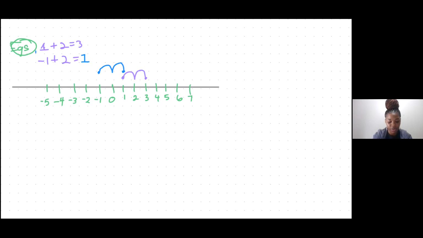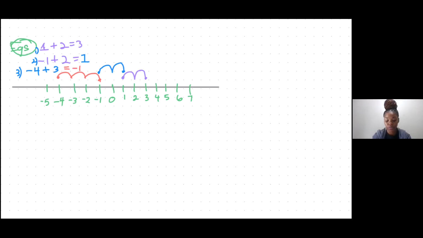Let's try a third one. Let's say -4. Add 3. So I'm going to start at -4 and I am going to add 3. 1, 2, 3, which is -1. Are you following?